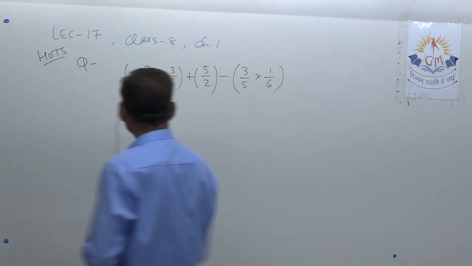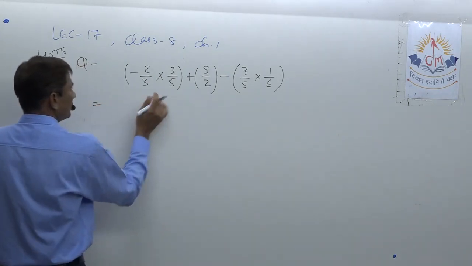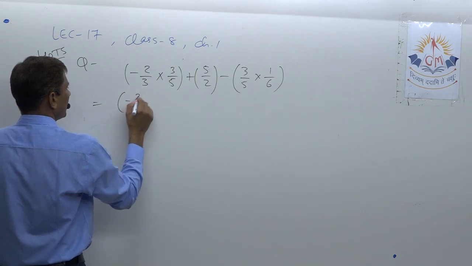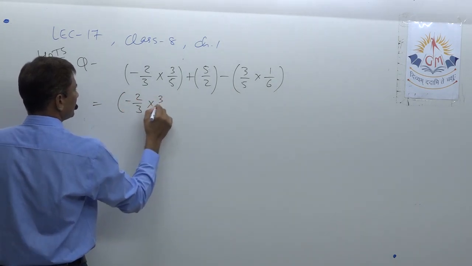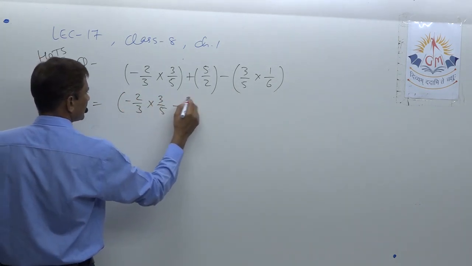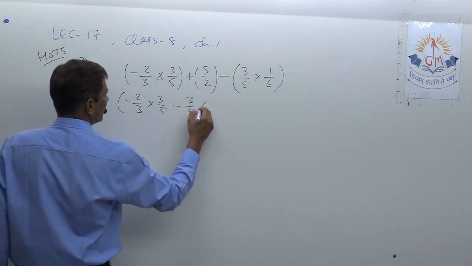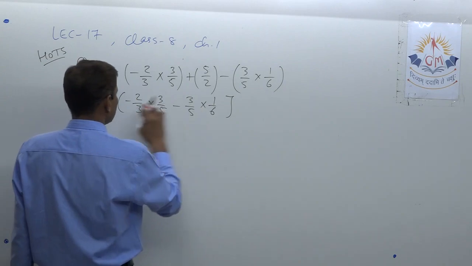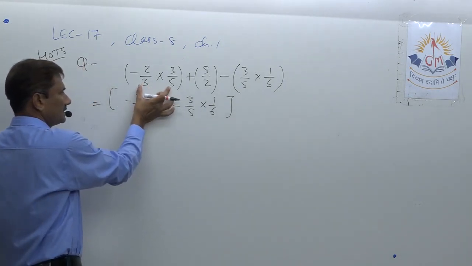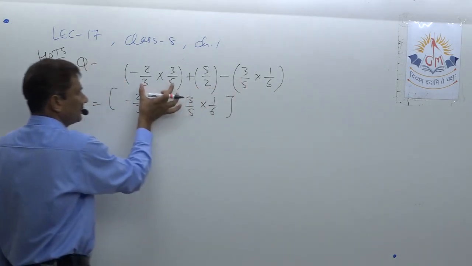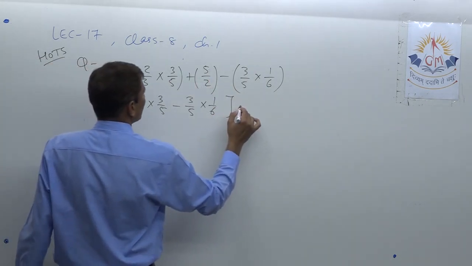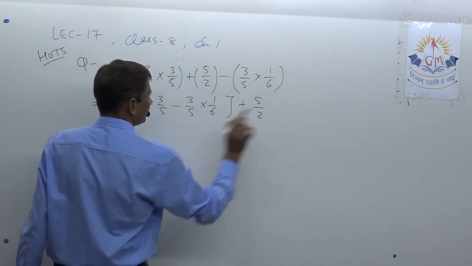So let's make a group of this term and this term first of all. So it will be minus 2 by 3 into 3 by 5 minus 3 by 5 into 1 by 6. Actually this bracket is not necessary. I am just telling you 3 terms are there. Now plus 5 by 2 only.